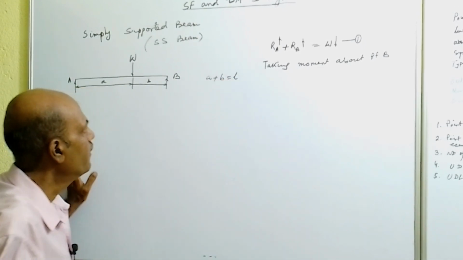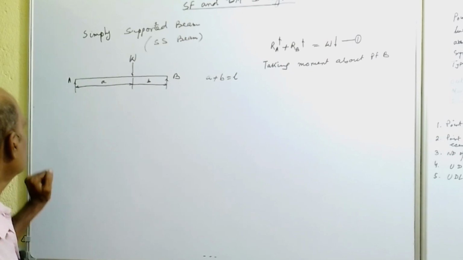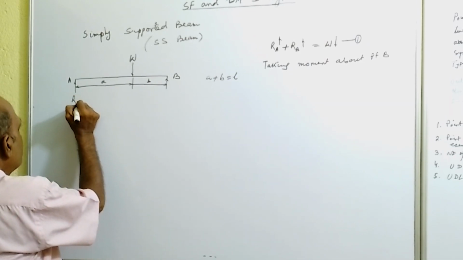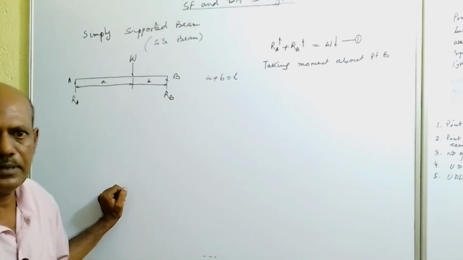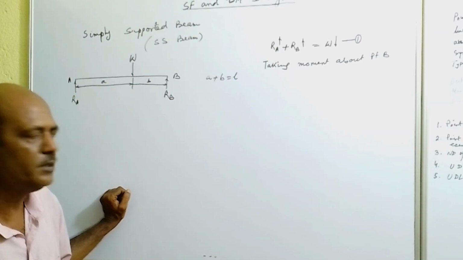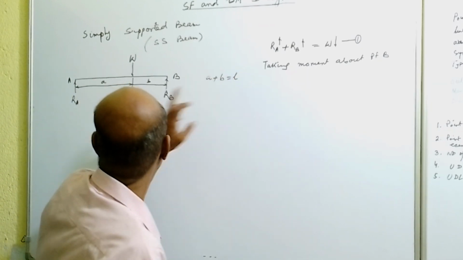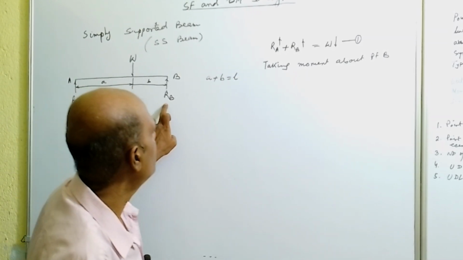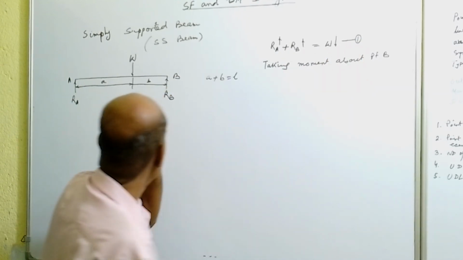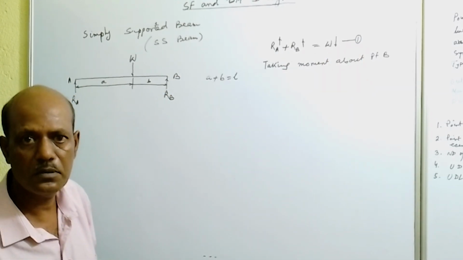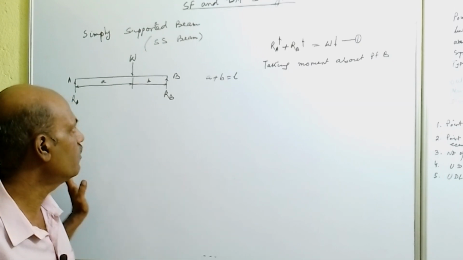Okay, that is fine. Now the reaction will develop at the supports, say RA and RB are the reactions developed at support A and support B. Now RA, RB will be vertically upward loads, and that will be equal to vertically downward load. That equation will remain same, that is the balancing of forces in equilibrium condition.